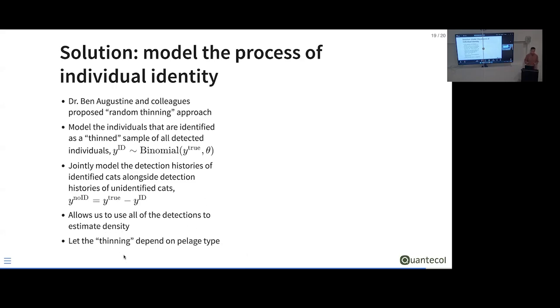But what the model lets you do is use all of the detections. So again, using all of the data, which as a modeler, for me at least, is always just a holy grail. Like, can I use all the information that we collected, or do we need to take some subset of it to fit it into these pre-existing models? And in this case, the thinning parameter, so basically the probability of correctly identifying an individual, depends on the pelage type.